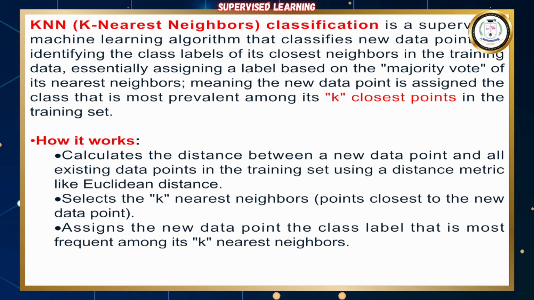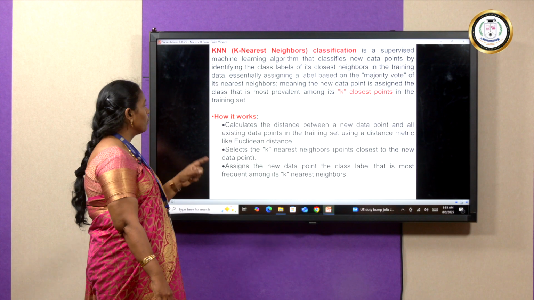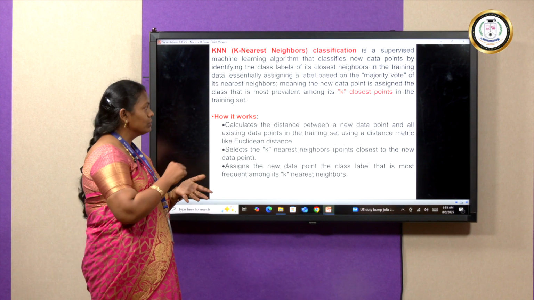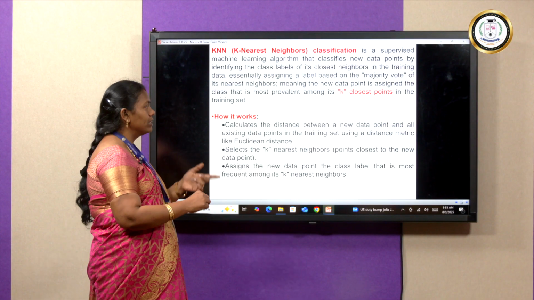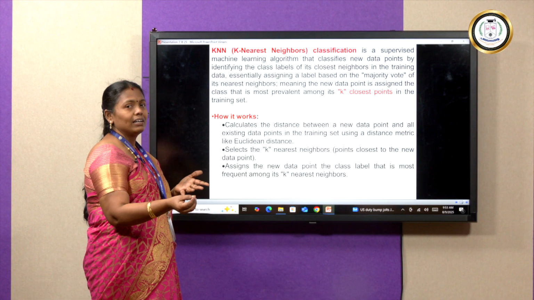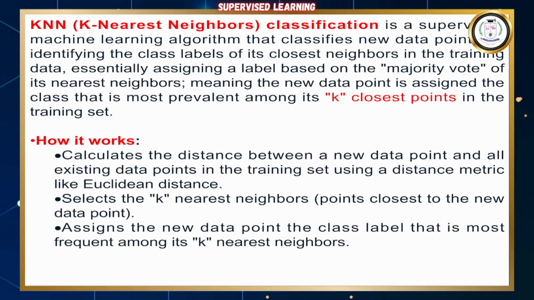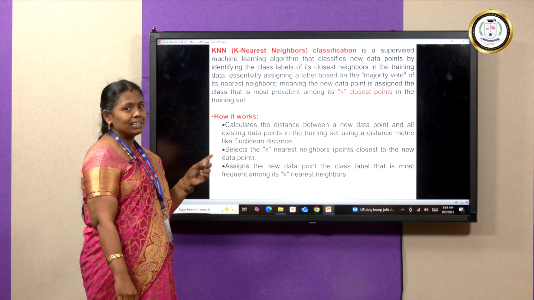So here we will find out the distance between the new data point and all the existing data points. That is, we call it the distance between my trained data as well as the targeted data. The values we are getting, we call Euclidean distance. By calculating this distance value, we can round off to the nearest values, by which we can predict the resultant value.